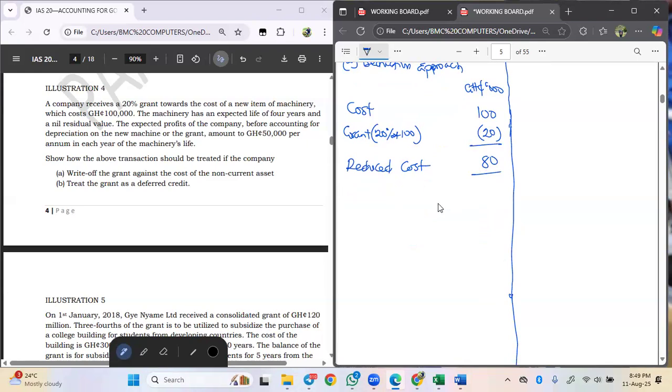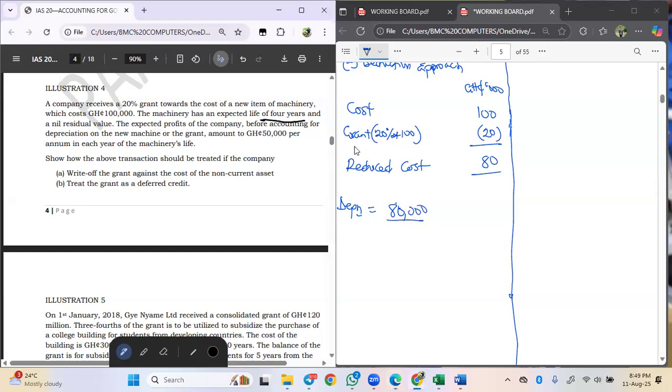If you are using the deduction approach, depreciation is calculated on the reduced cost. So your depreciation charge for the year will be the reduced cost of 80,000 over the expected life of 4 years, so we have depreciation of 20,000 per annum.